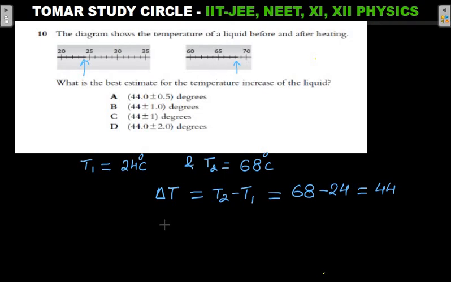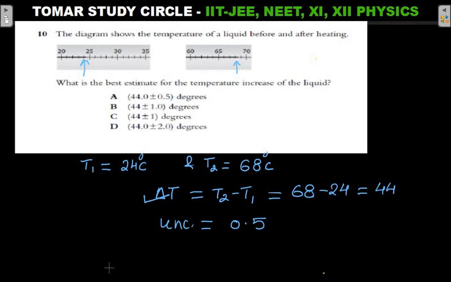Hence, the uncertainty in the difference of temperature can be taken as 0.5 degree.